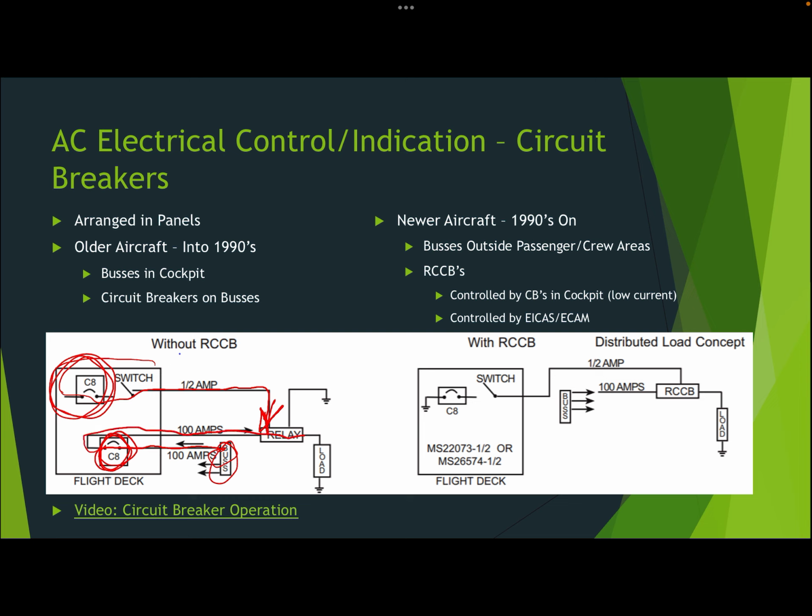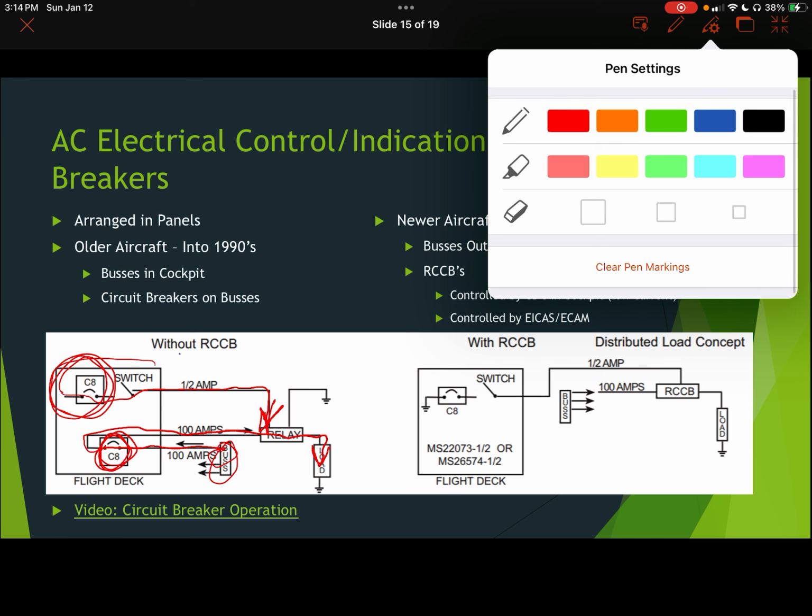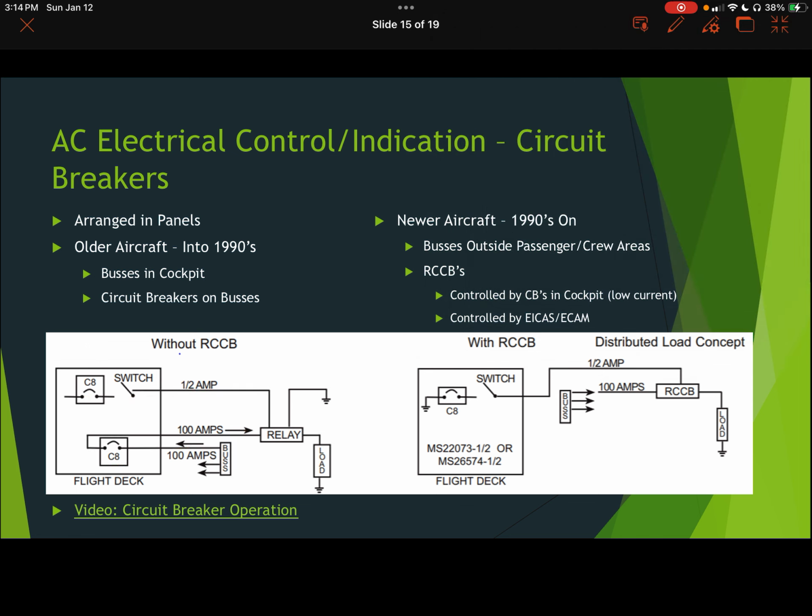And that power would go through the relay out to the load. And the load examples of these could be things like hydraulic pumps or fuel pumps, big electric motors, and that kind of thing. And so it used to be you had these panels where you had hundreds or even close to 1,000 amps running on the buses right behind the walls of the flight deck.